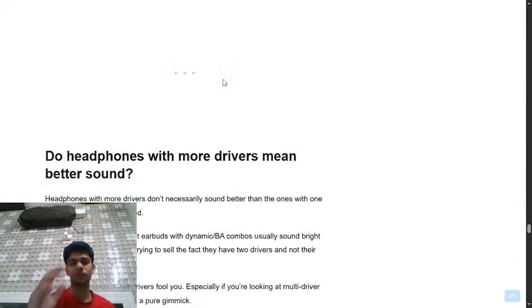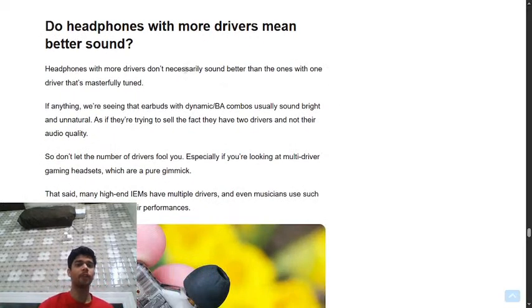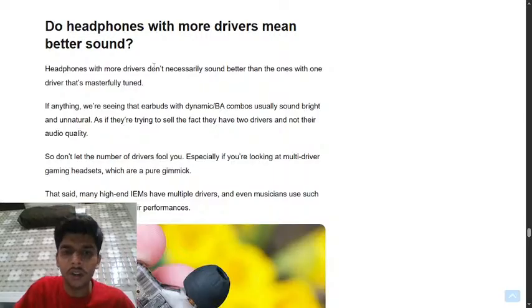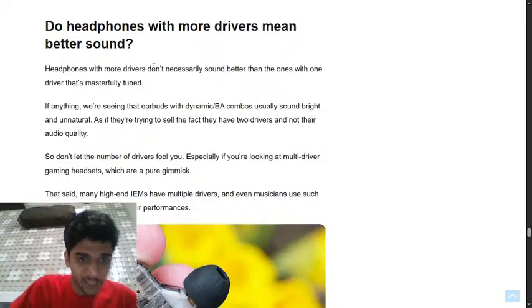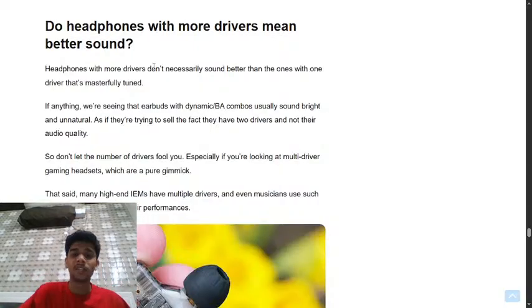Do headphones with more drivers mean better sound? Headphones with more drivers don't necessarily sound better than the ones with one masterfully tuned driver. If anything, we are seeing that earbuds with dynamic and BA combos usually sound bright and unnatural, as if they are trying to sell the fact they have two drivers and not their sound quality.